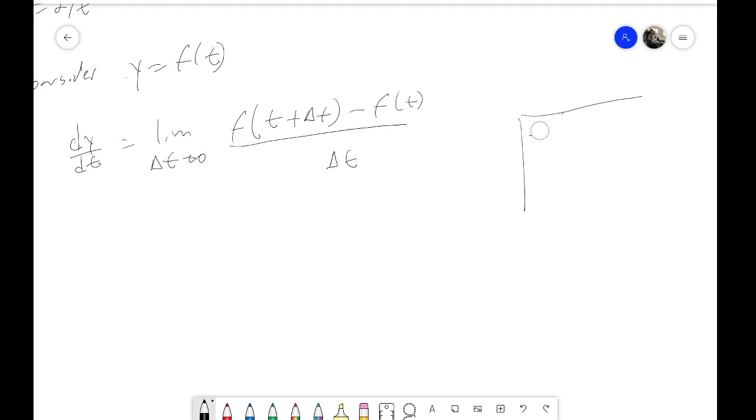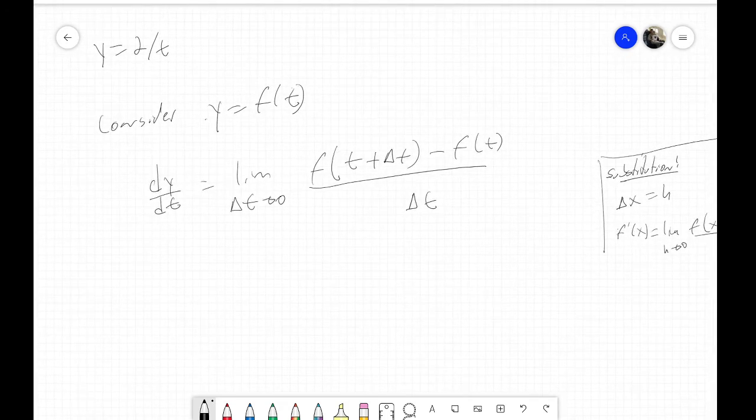What typically is done is a simple substitution. We say delta x or delta t is equal to h, and we define the derivative f prime of x to be equal to the limit as h goes to 0 of f of x plus h minus f of x divided by h. This makes bookkeeping a lot simpler.